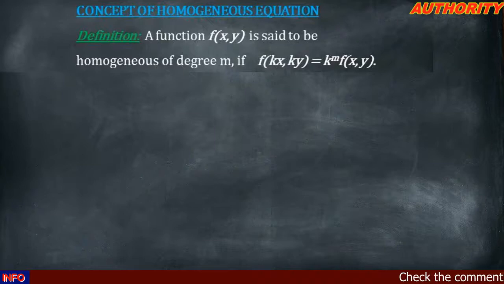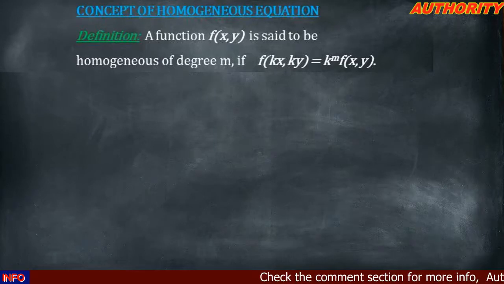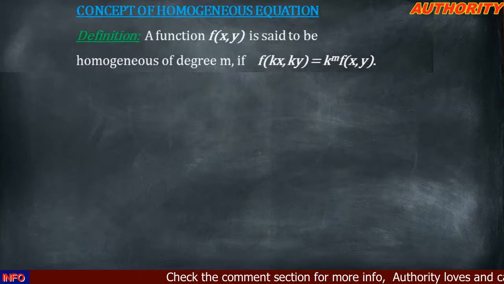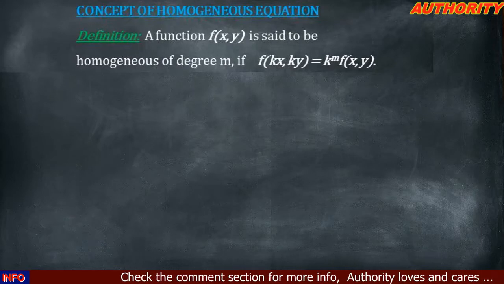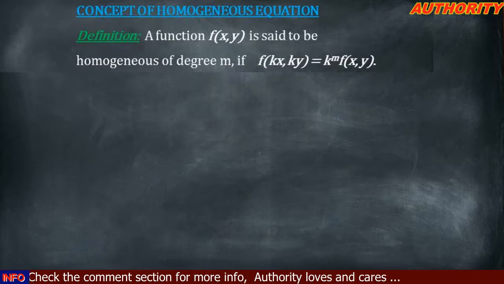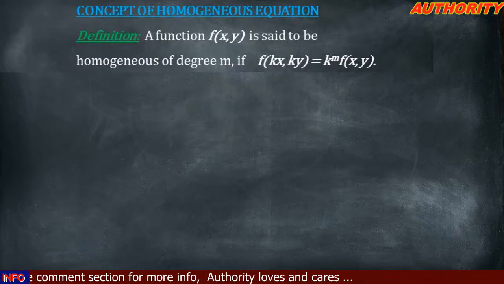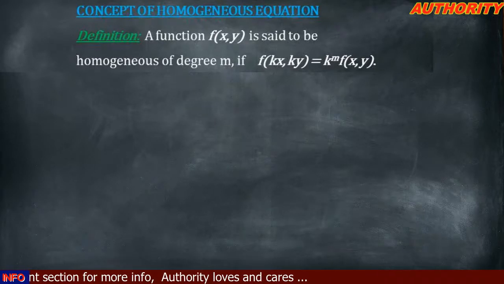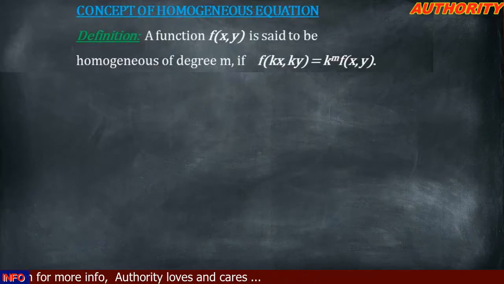Now, when you have a function and you pass a constant into this function, and you are able to bring out that constant again, but while coming out, it comes out with a power. So if you are able to bring it out, that means that this function is homogeneous.